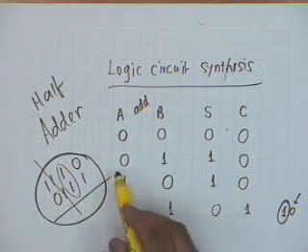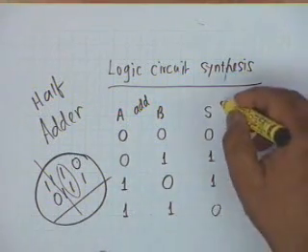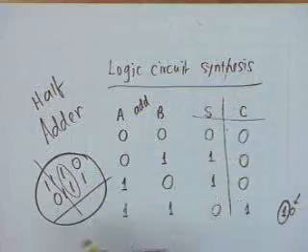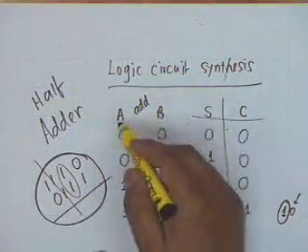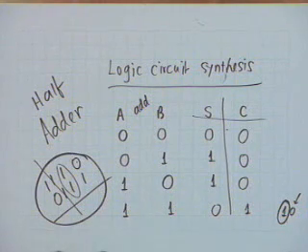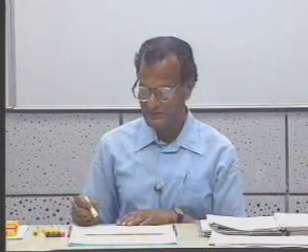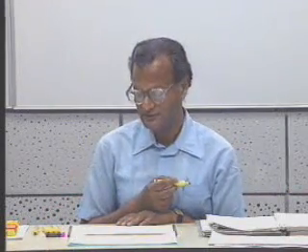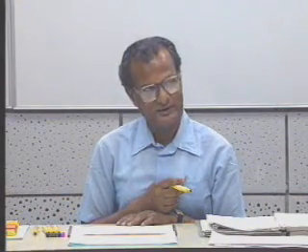In a half adder, this is the logic. There are two outputs, a sum and carry, and there are two inputs, A and B. How do you represent S and C? That is the question. In such situations you have to consider only the outputs which are 1.